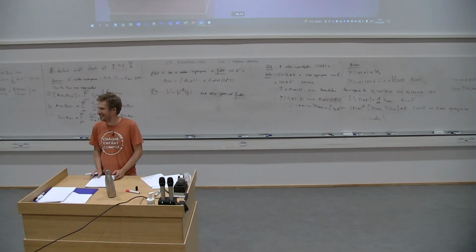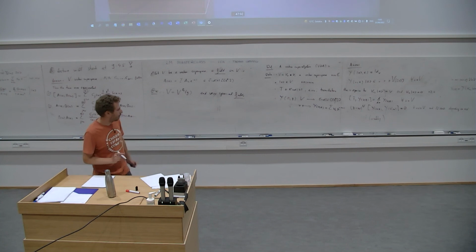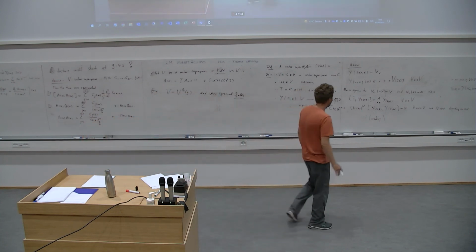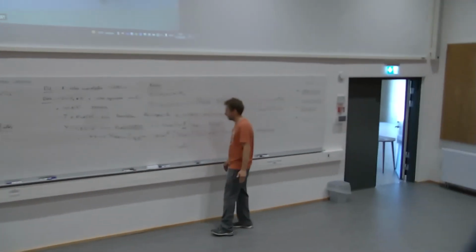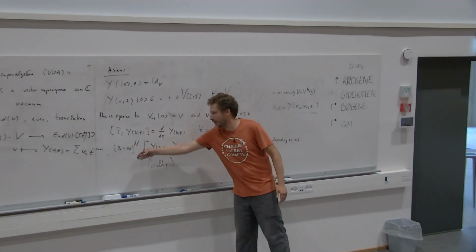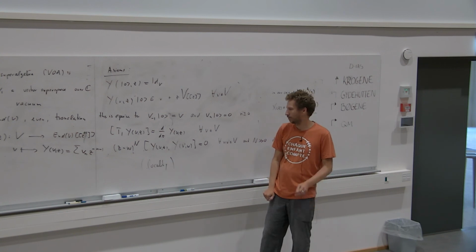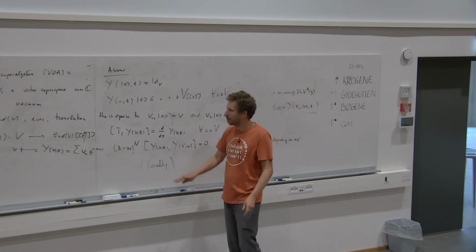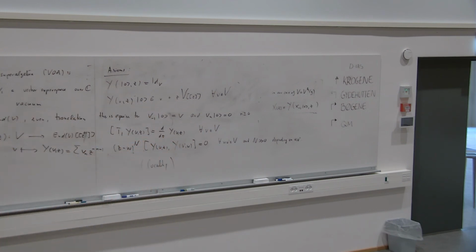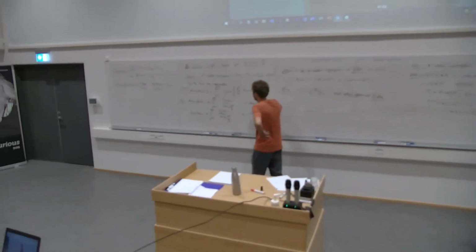Locality, is that related to relativistic locality? What kind of locality? It means fields are local in the sense that they commute except if they are very close to each other. That's how you should think about it. In particular, you should think about it this way if you keep this lemma in mind, which relates this to this one.